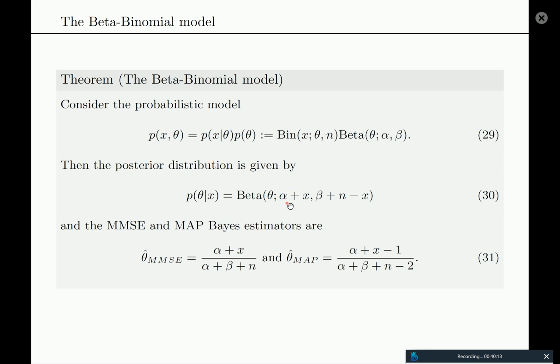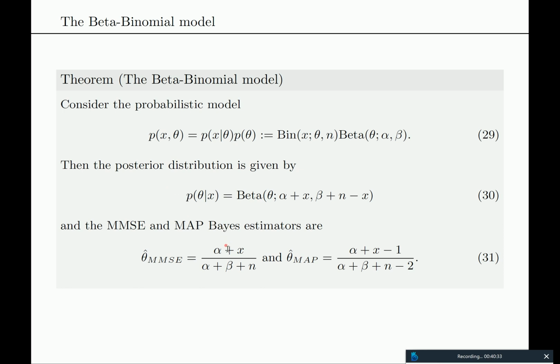In this case, it would be alpha plus x, the number of ones that you observed, for example 9 if you have 10 observations, and beta plus n minus x.